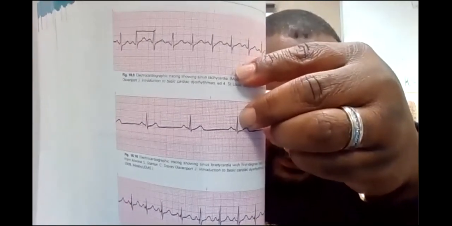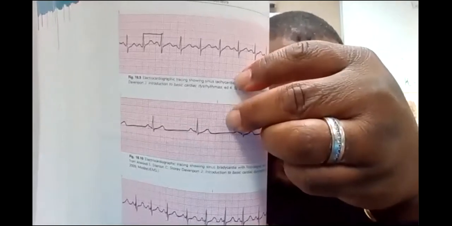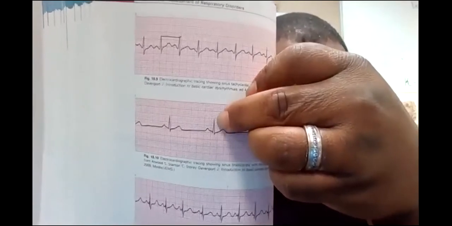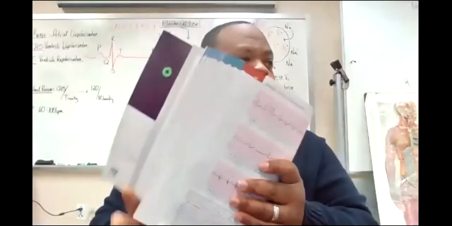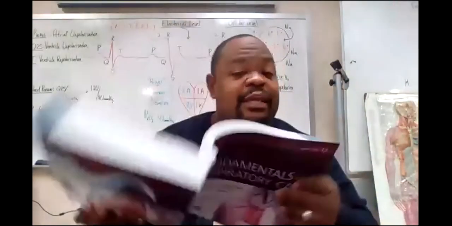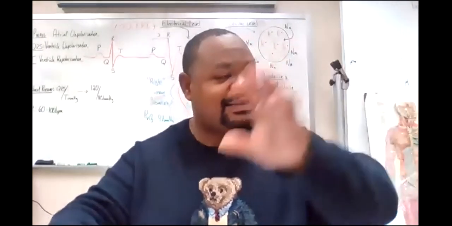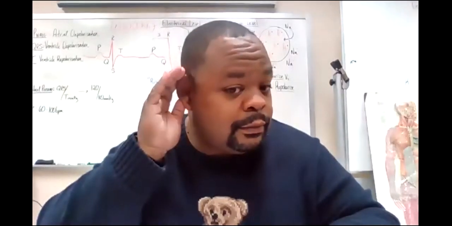So let's count it. 1 large box, 2 large boxes, 3, 4, 5, 6, and a little bit more than 6, right? So let's just say if it's 6 large boxes, what would the heart rate be? That'd be 300 divided by 6. 50.